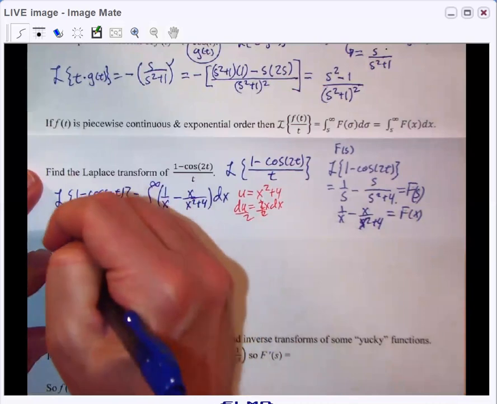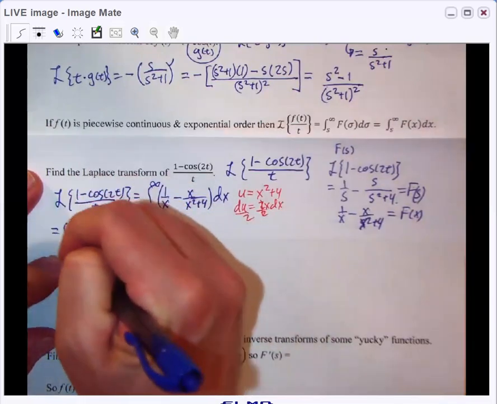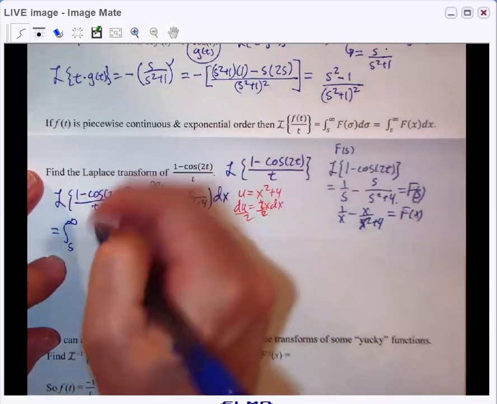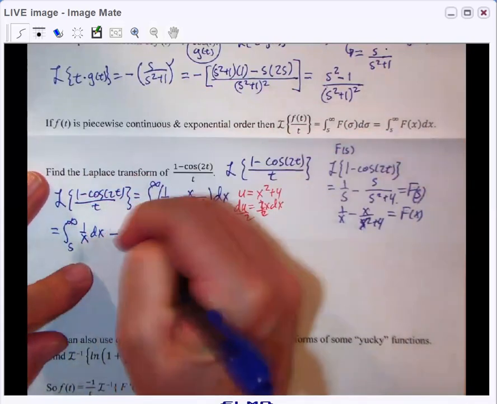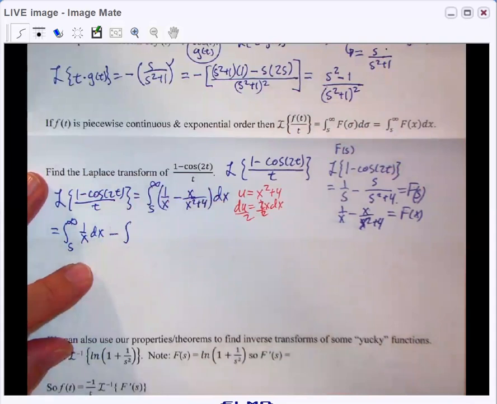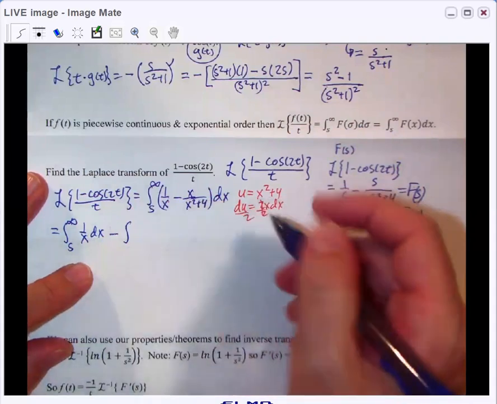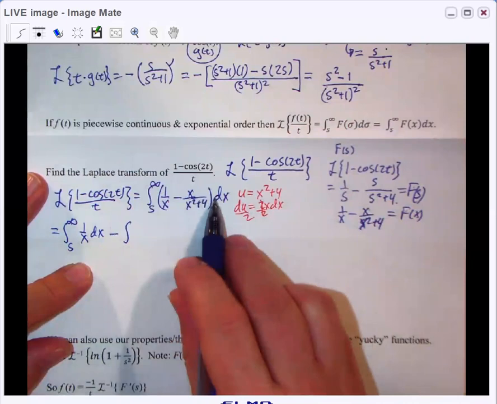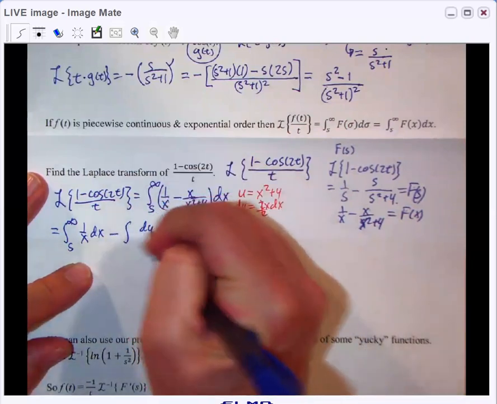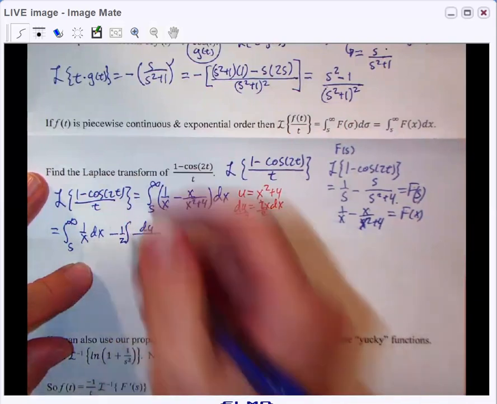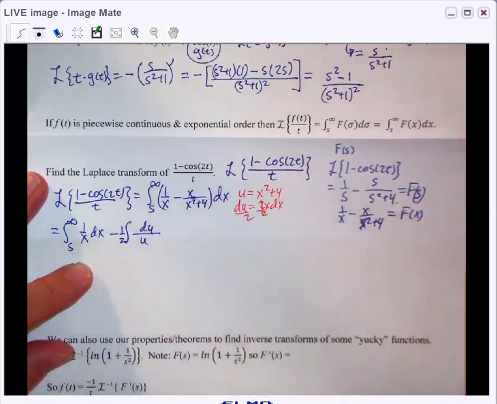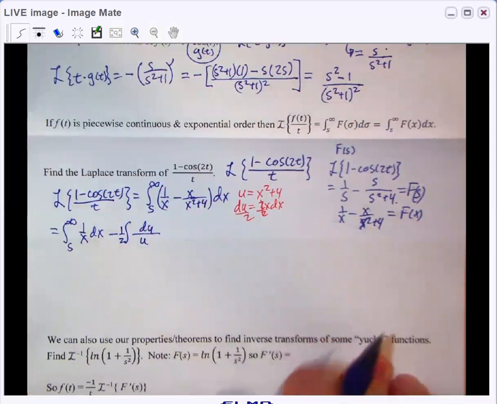So we're going to get equals the integral from s to infinity of 1 over x dx minus, we'll do an indefinite integral, and I promise we'll switch back, x dx, the numerator here is du, and we have a 1/2, and u down here. So that's looking a little nicer.